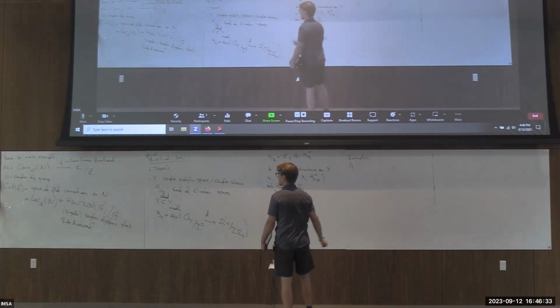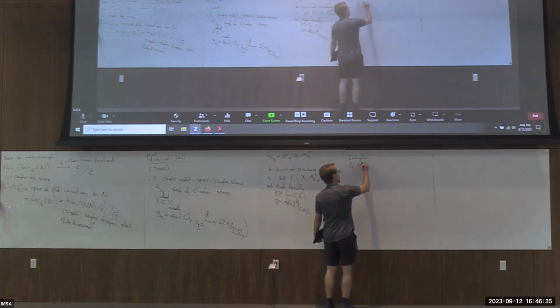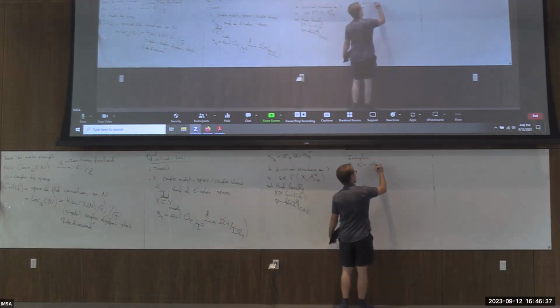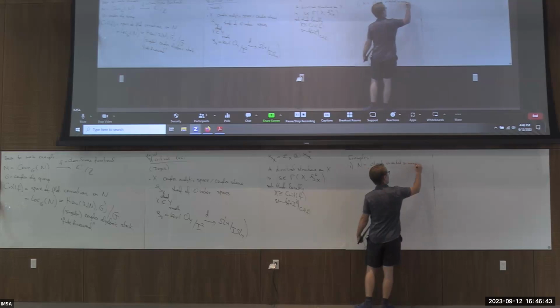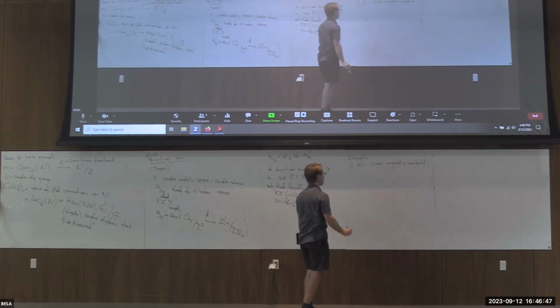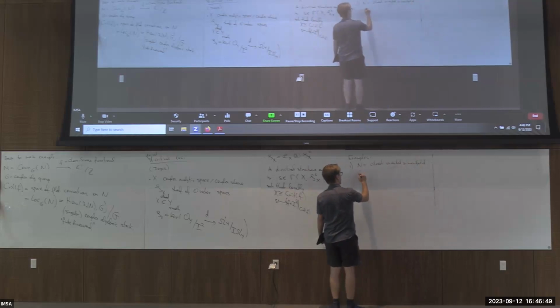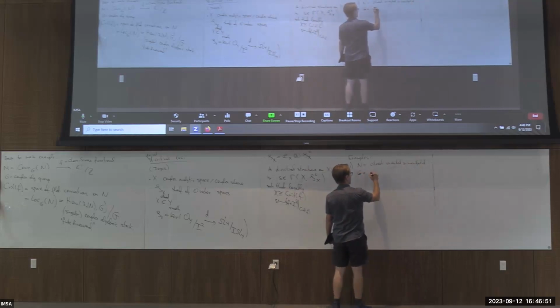One example is this: N is a closed oriented 3-manifold, and G is a complex algebraic group.